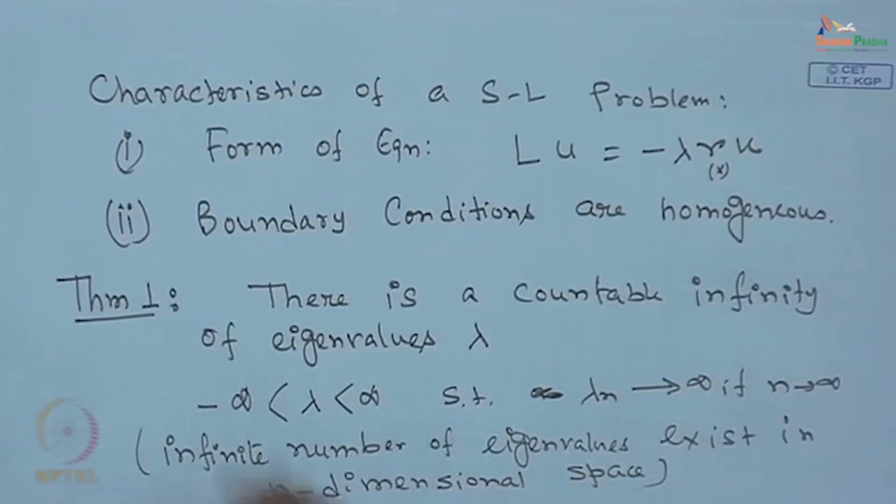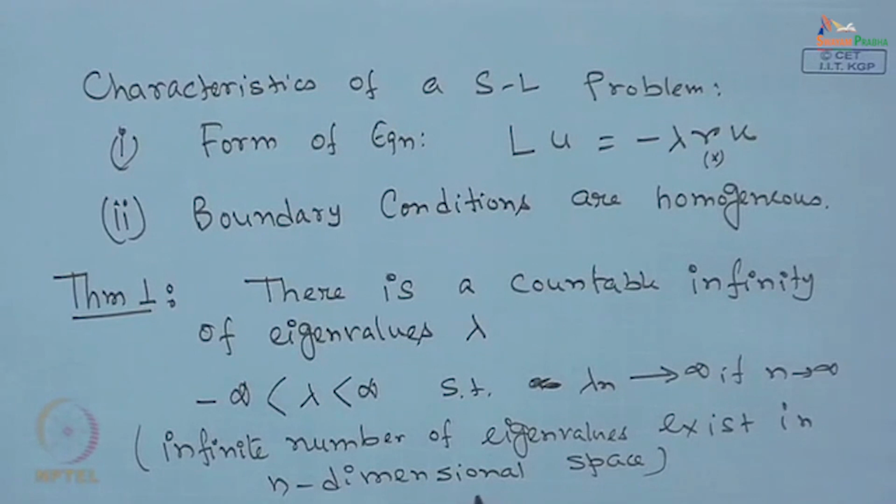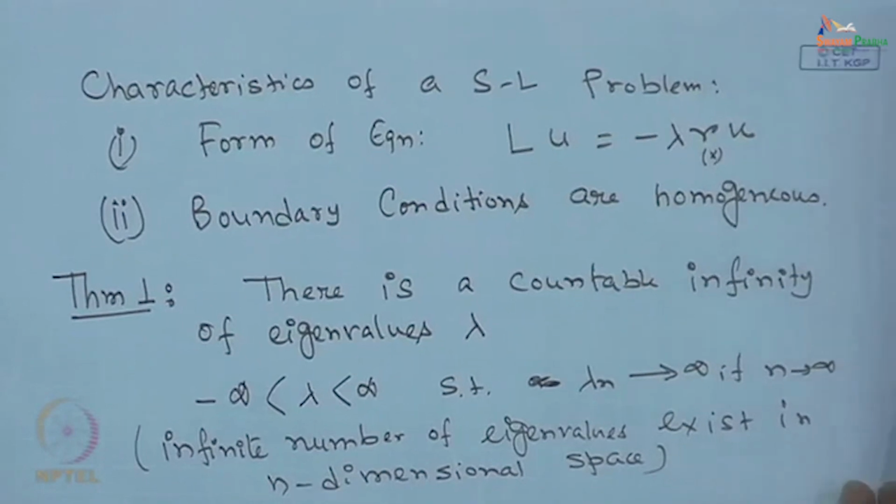In the case of continuous functions, the n dimension becomes very large and tends to infinity. So, for continuous functions, there are countable, but infinite, eigenvalues present.